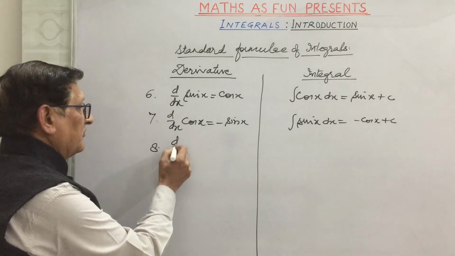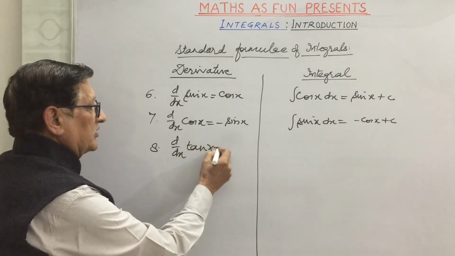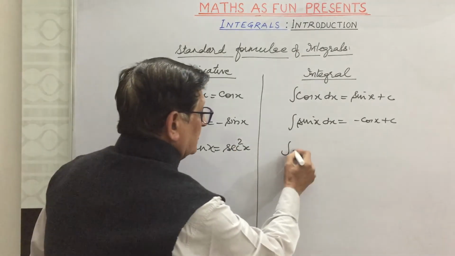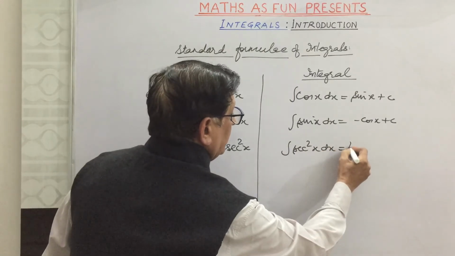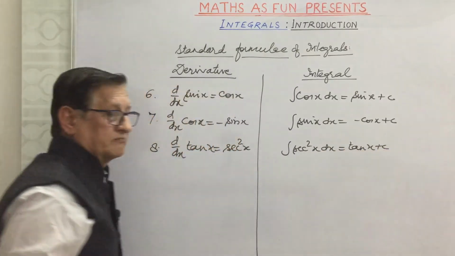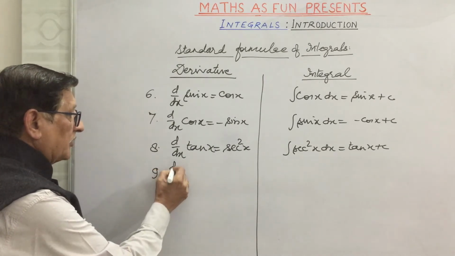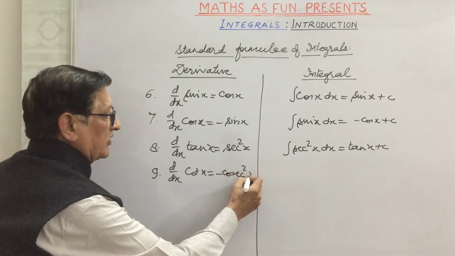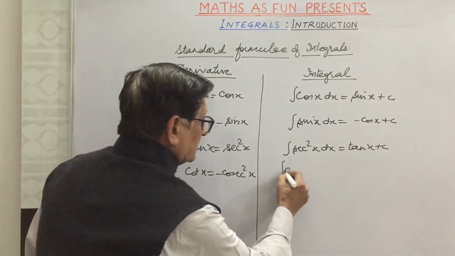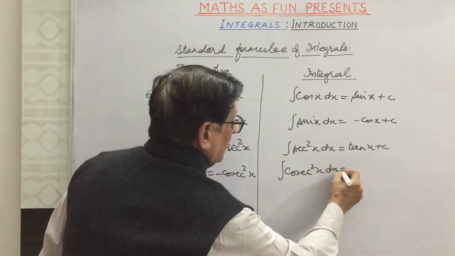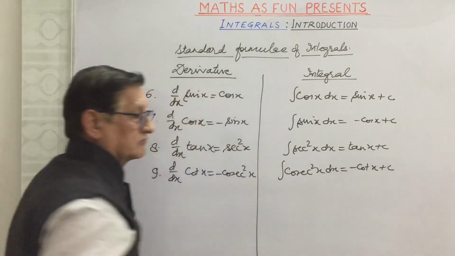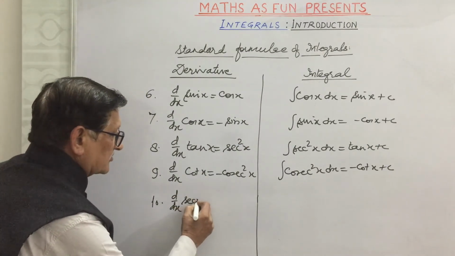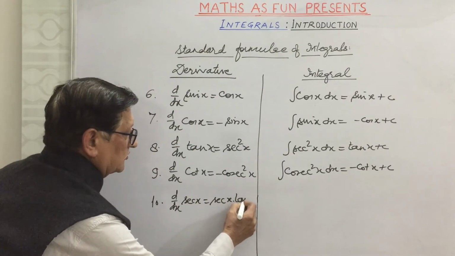Next formula we have d by dx of tan x is sec square x. So the integration of sec square x will be tan x plus c. Ninth formula is d by dx of cot x is minus cosec square x. So integration of cosec square x will be minus cot x plus c. 10th formula is d by dx of sec x, that is equal to sec x into tan x.